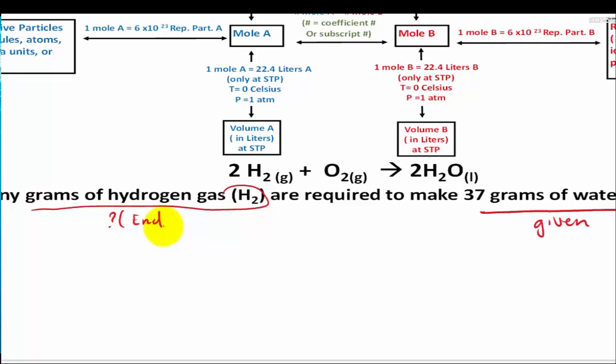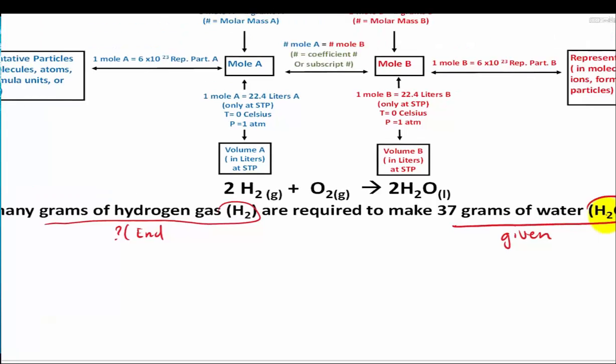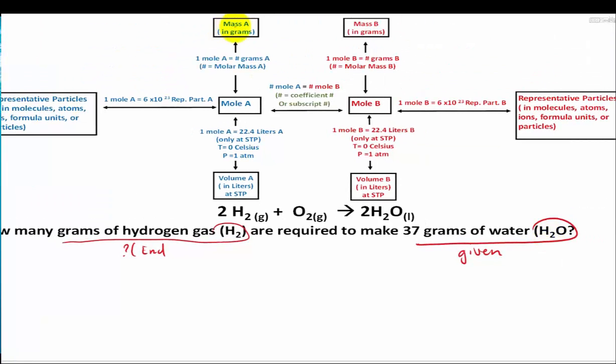Now going back to the flowchart, find the box that has grams. In this case, A is our given, so this is where we are going to start. And B is what we are looking for, so this is where we are going to end. We are looking for grams of B, which is right here.